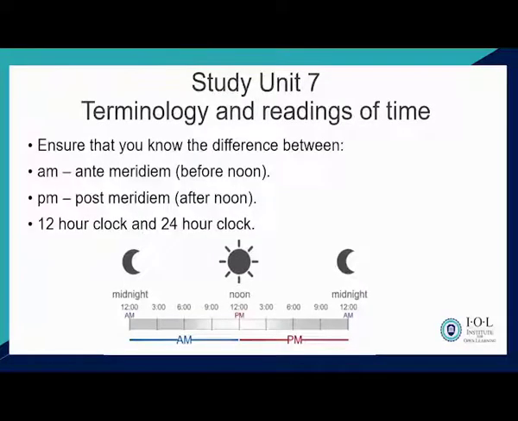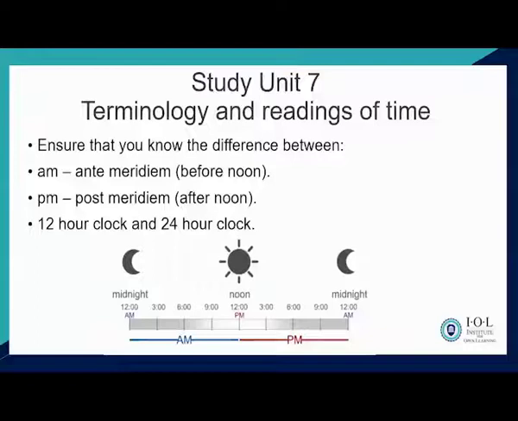Terminology and readings of time. Ensure that you know the difference. Students, please. I've seen students get easily confused with readings of time. AM is ante meridiem. Learn it. It means before noon. What is noon? Noon is 12 o'clock in the afternoon. So we are now past noon. We're now in the afternoon.